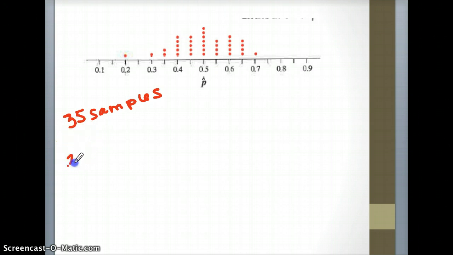If you have 200 chips, you have a lot of different samples that can possibly be made. So 35 is pretty small with respect to how many possible random samples could actually be taken.